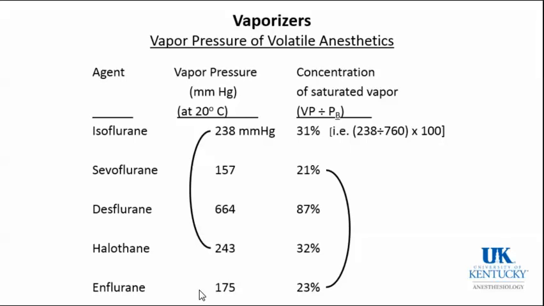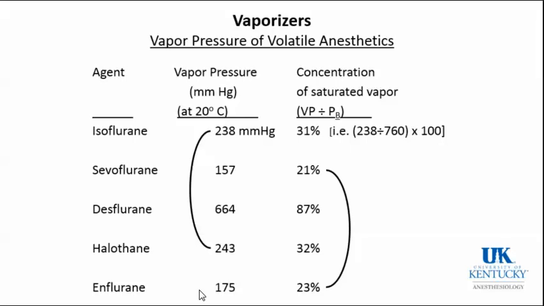And so the concentration in the air sitting above the liquid is given by the vapor pressure divided by barometric pressure. So for isoflurane, the concentration sitting above the liquid is about 31%. For sevoflurane, about 21%, and for desflurane, about 87%.